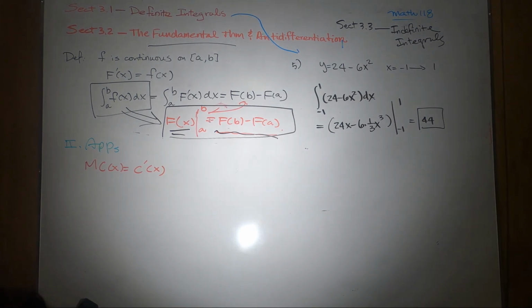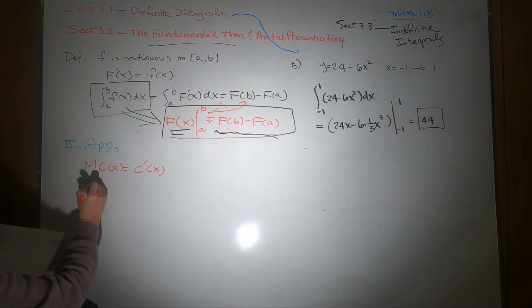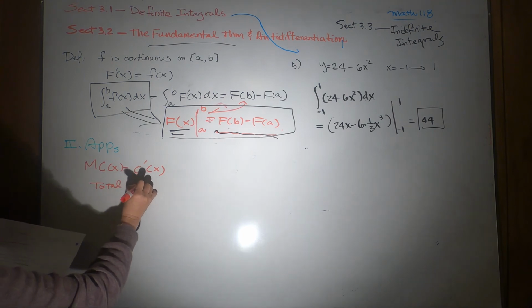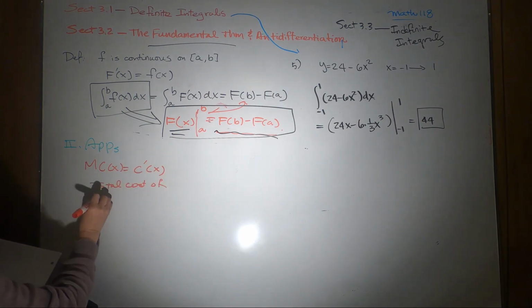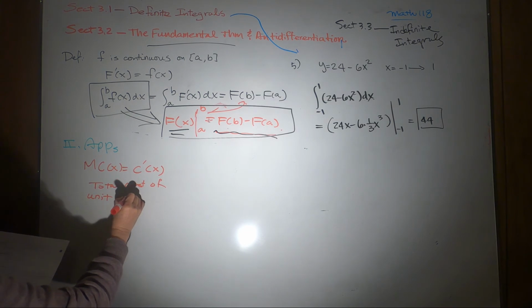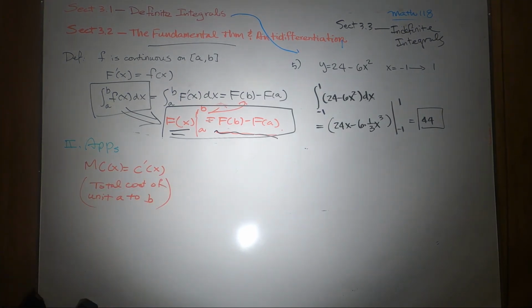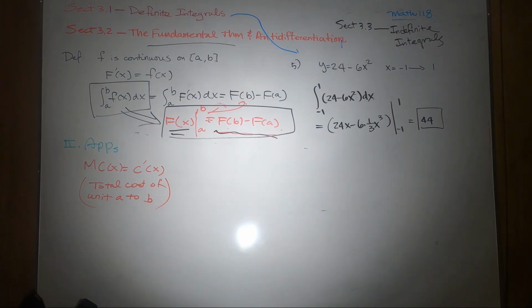But if I want to find the total cost from unit A to B, what does that mean? Instead of finding the total cost function, I say, find me the total cost if I sell from unit 100 to 200, how much it will cost you.